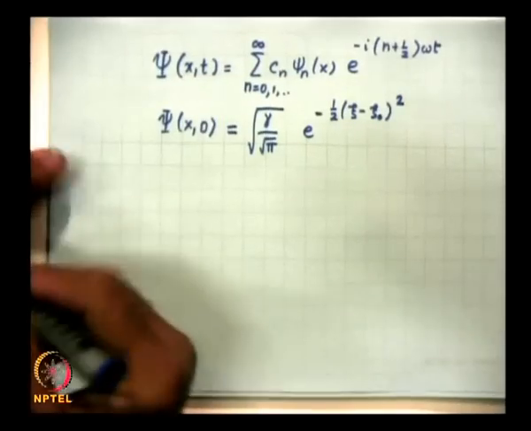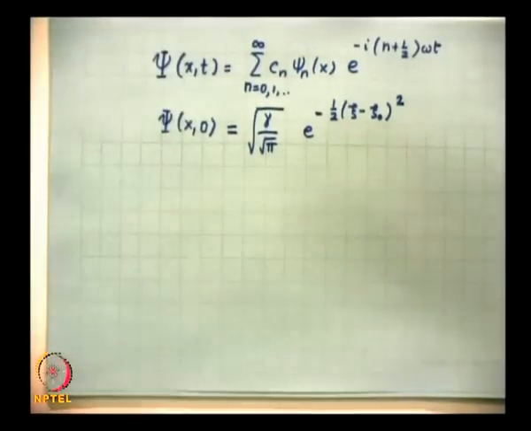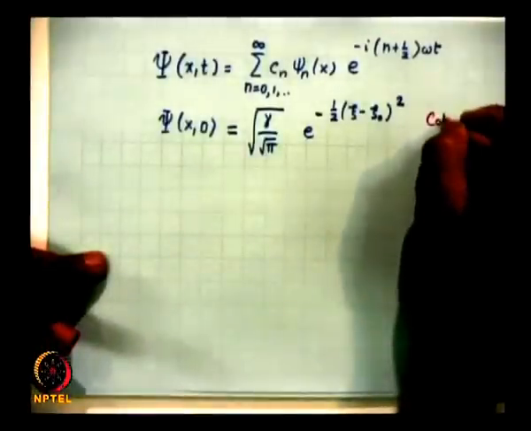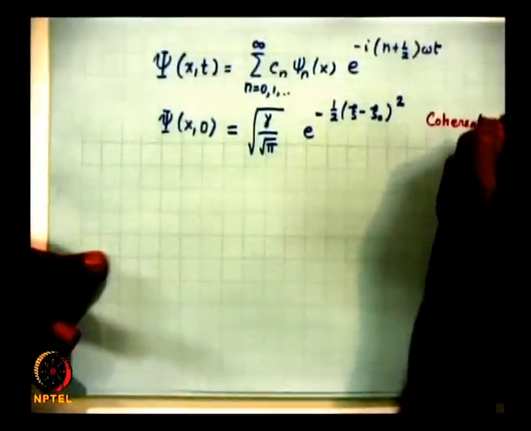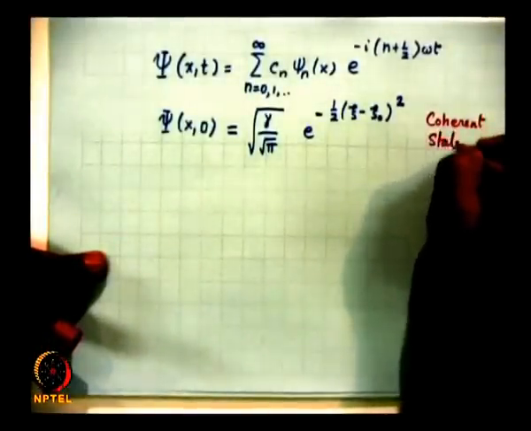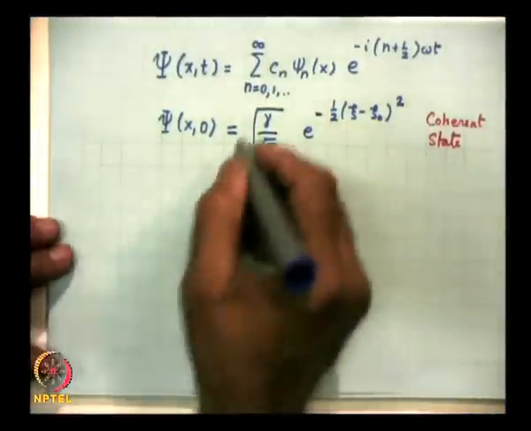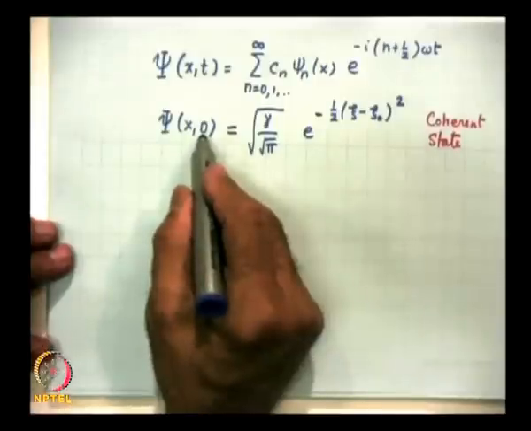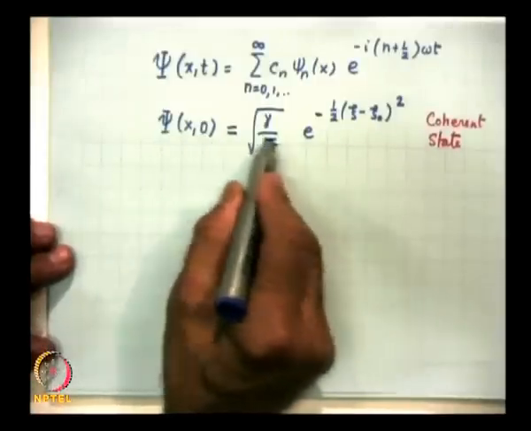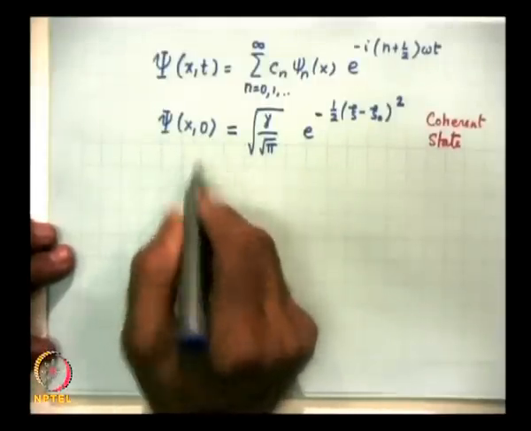Such a state is known as a coherent state of the oscillator. Now, we can find out the corresponding C n for this form of the wave function at t equal to 0.